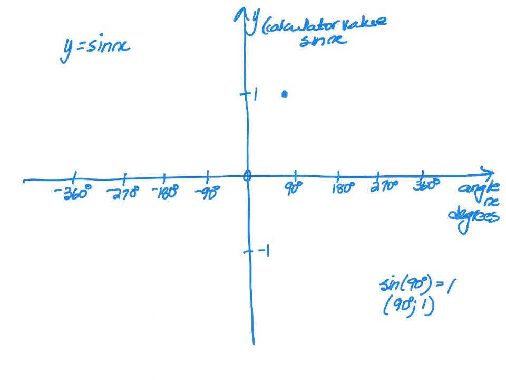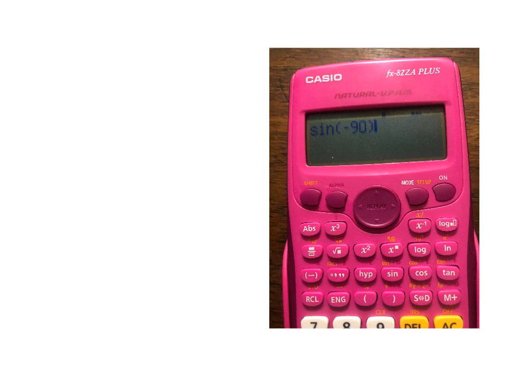Likewise, if we took the sine of minus 90 degrees, we would get negative 1. This generates the ordered pair minus 90 degrees, minus 1, and we would graph that point over there.